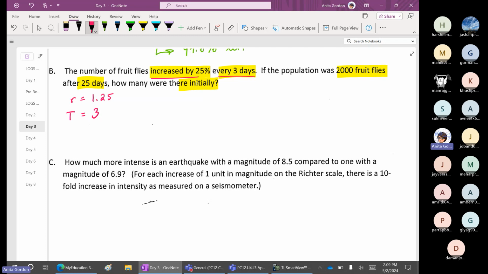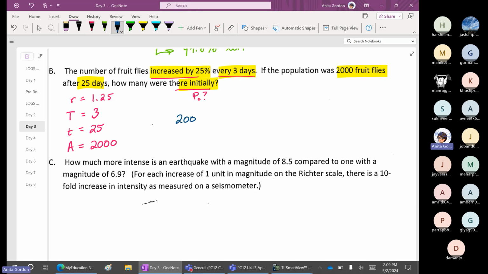What else do I know? Lowercase t is 25. I am choosing to measure the population after 25 days. What else do I know? Final amount is 2000. I'm trying to find what is P naught.